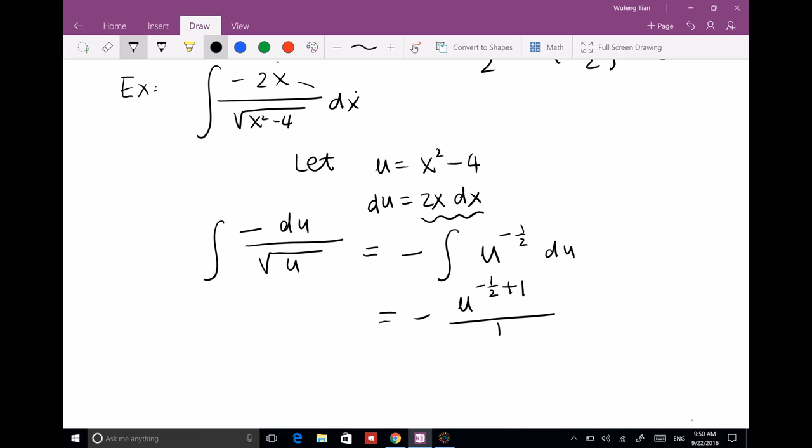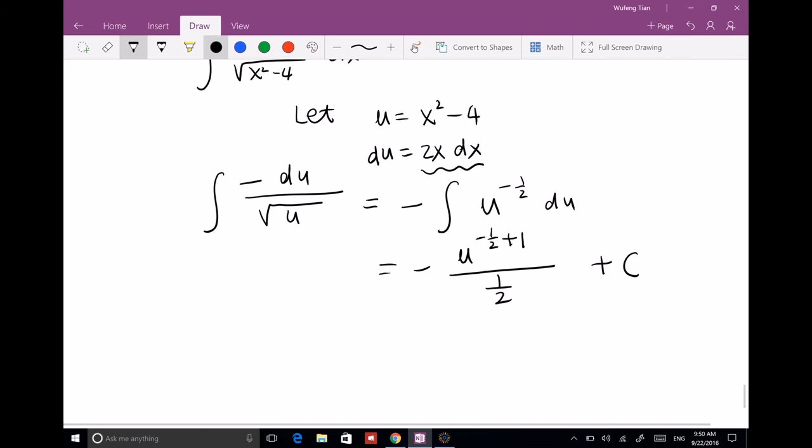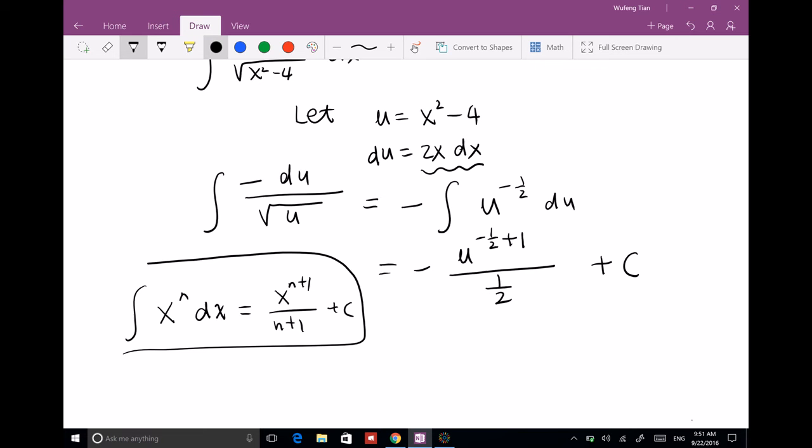When you take the antiderivative of a power function, you add 1 to the power and divide by the new exponent. Basically, the formula is the antiderivative of x to the m is x to the m plus 1 over m plus 1. That's the formula for the polynomial. You learned this in Calculus 1.